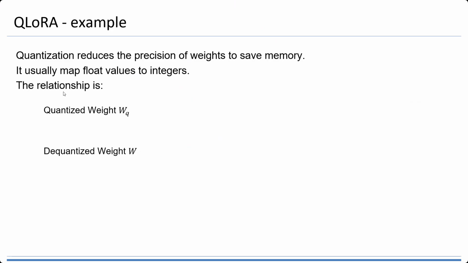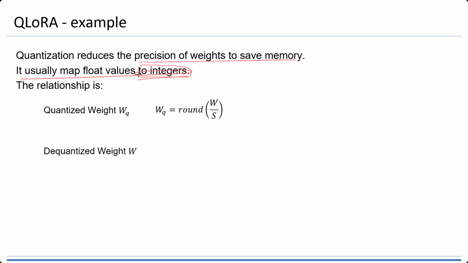So the QLoRa example, we can use the quantization in order to reduce the precision of weights to save the memory. Usually it maps the float values to integer. When you want to do more optimized calculation, we can do like this.